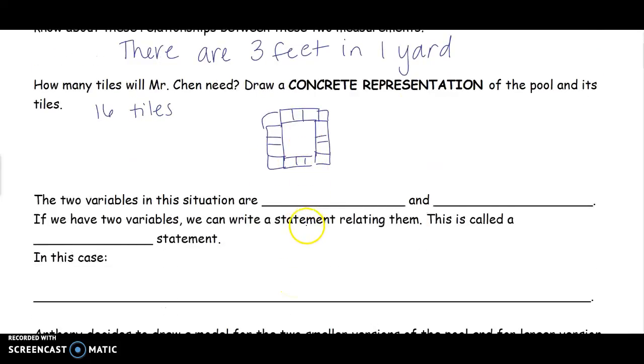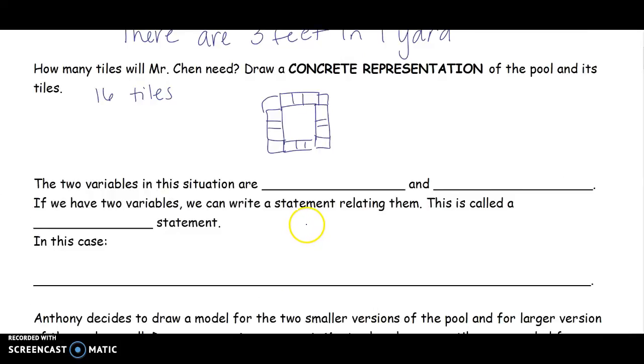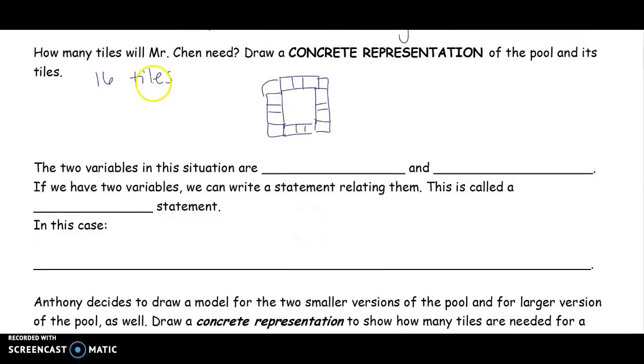Something we're going to touch on tomorrow is independent and dependent variables, but just know that there are 2 different variables in this situation: the number of tiles used and the pool length in feet. If we have 2 variables, we can write a statement relating them. This is called a dependency statement.